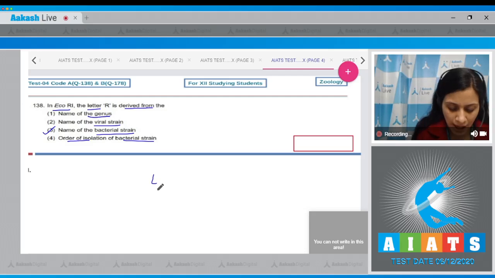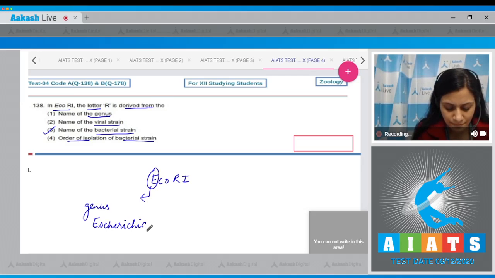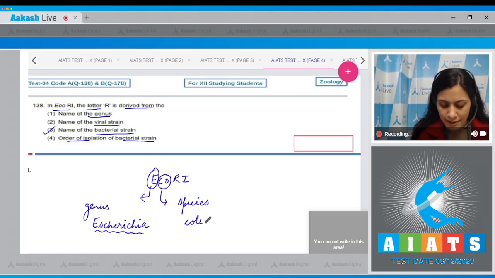Because in EcoRI, this E is derived from the genus Escherichia, whereas Co is from the name of the species coli.